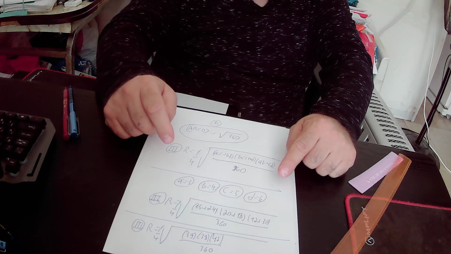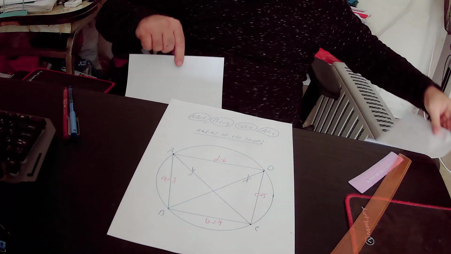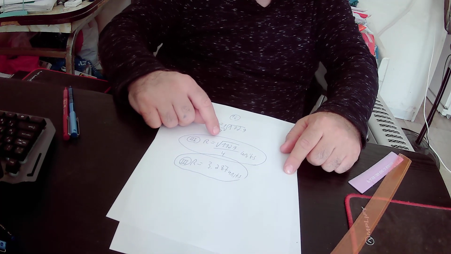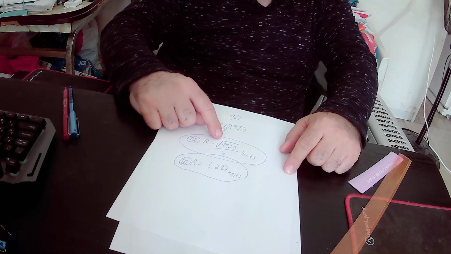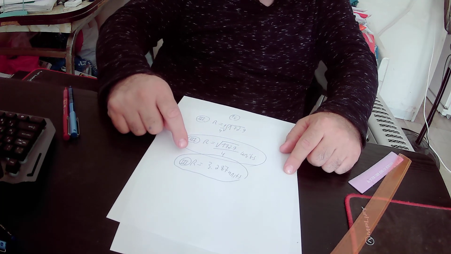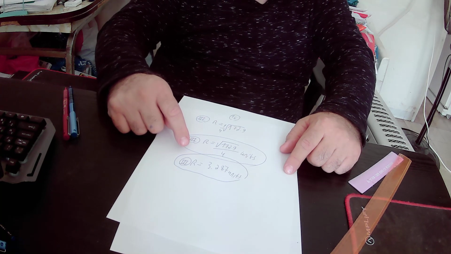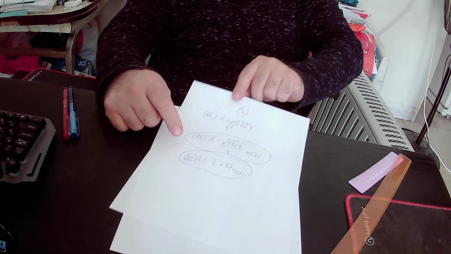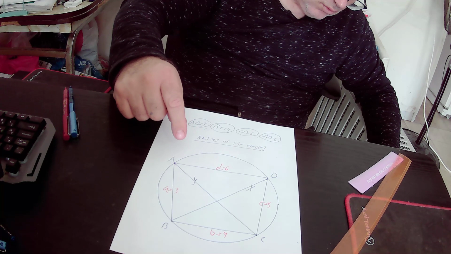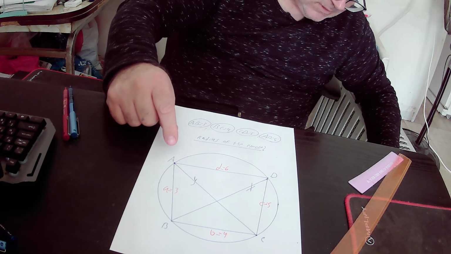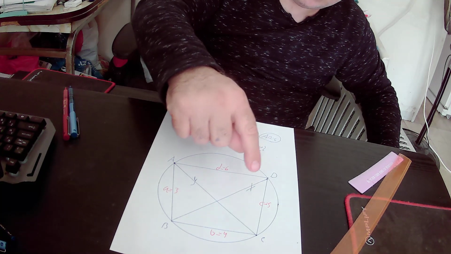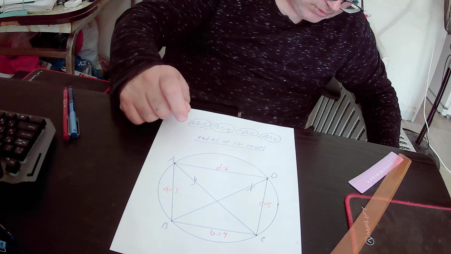And we found out that the radius of the circle equals the root of 172.9 over 4 units, or in terms of numbers, the radius of this circle equals 3.287 units.